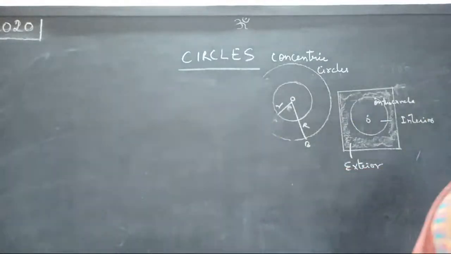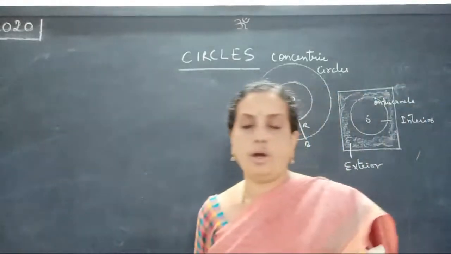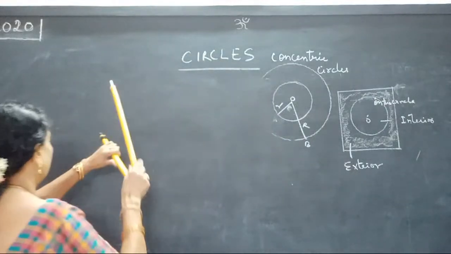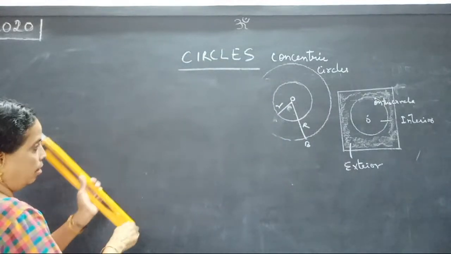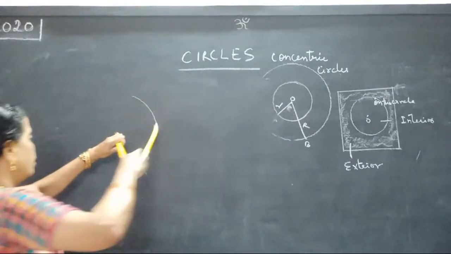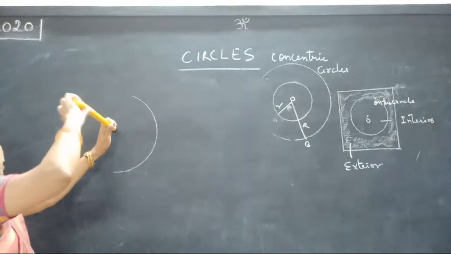Angle subtended by a chord at a point. Get a circular region, one circle using a compass or any circular object like this.